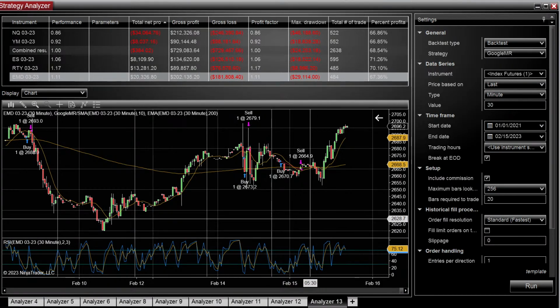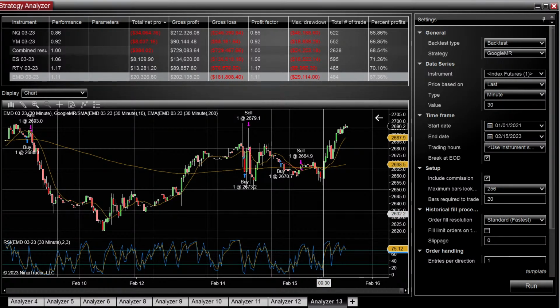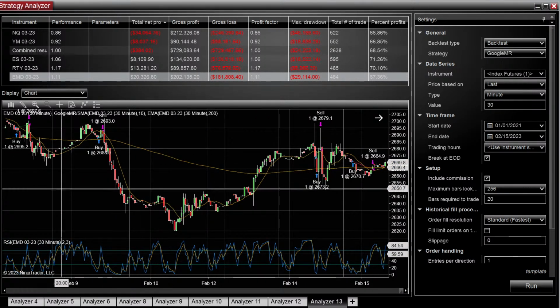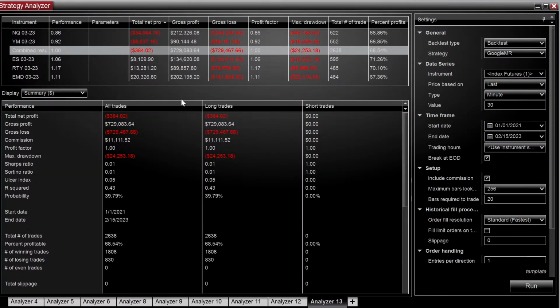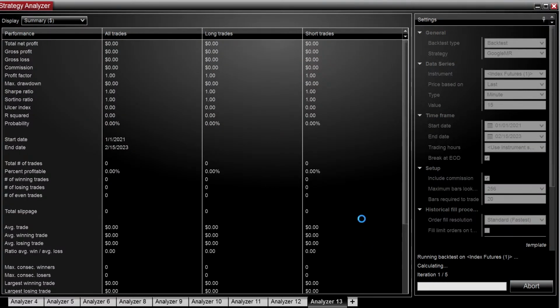How did the 30 minute give us less trades than the 60 minute? No, it didn't. I'm looking at the wrong thing. But we do get better results on the 30 minute chart. We're only at negative 384 bucks. Let us check out the 15 minutes.